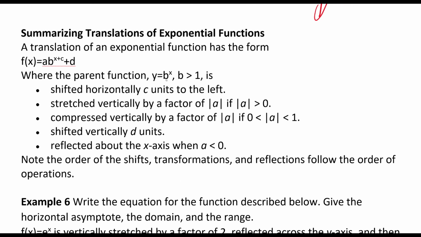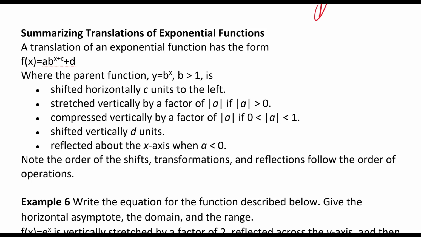Summaries and translations of exponential functions. So this is putting it all together. We have f of x equals a b to the x plus c plus d. The basic parent function is y equals b to the x. Shifted horizontally c units to the left.